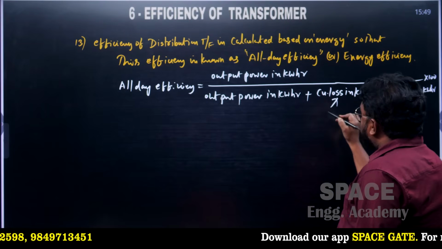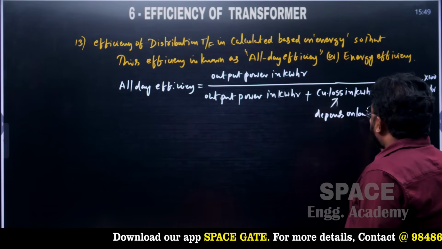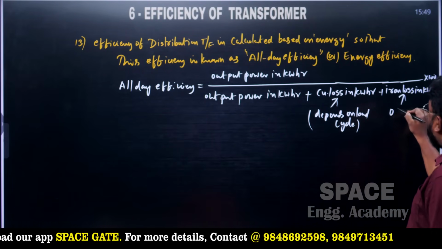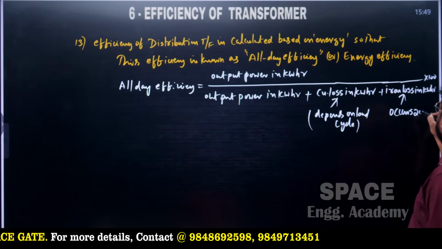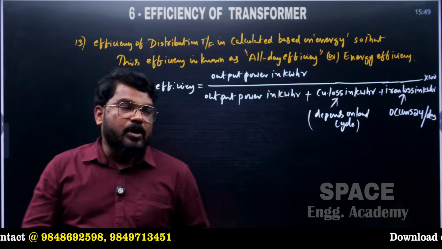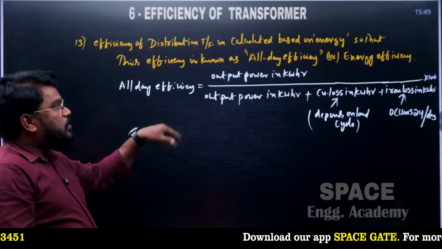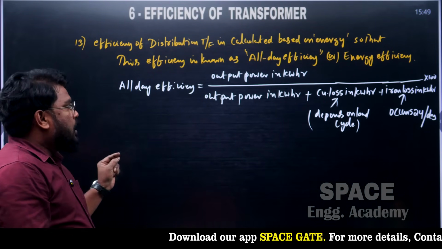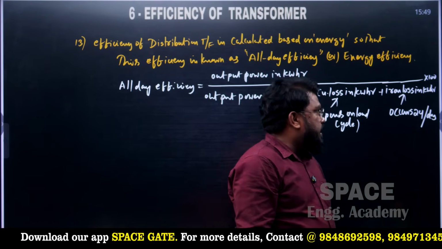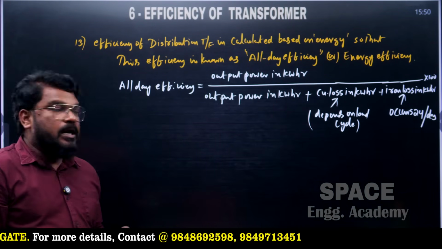The copper loss depends on the load cycle, on how the transformer operates, but iron losses occur 24 hours per day, since iron losses exist even at no load. So using this we can calculate all day efficiency.